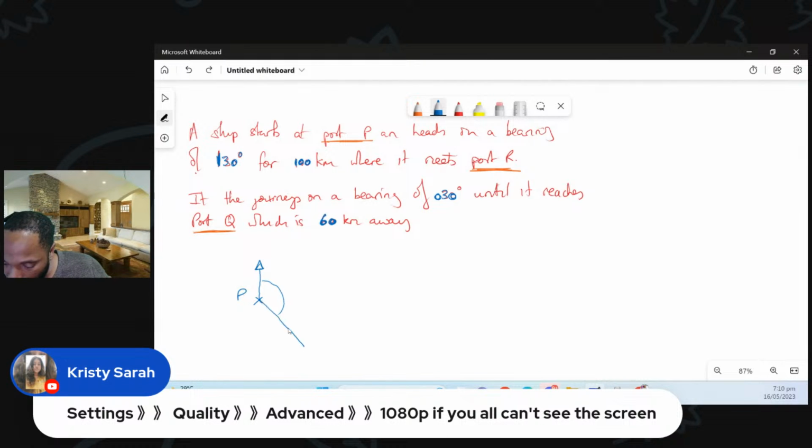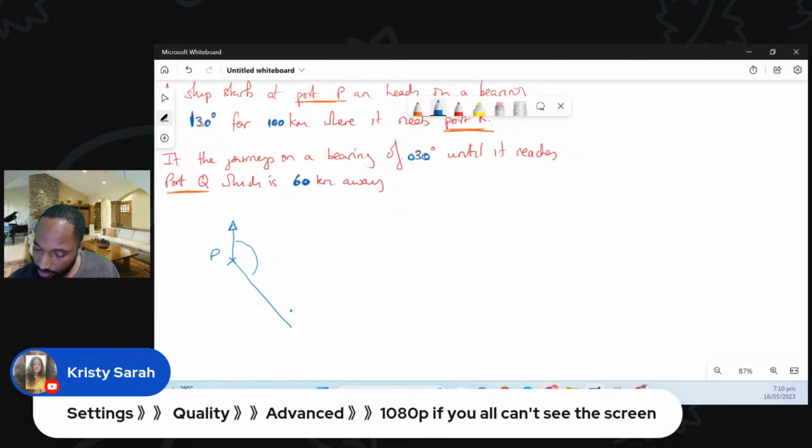That's 130 for 100 kilometers, until you make a little estimate there and meet port R. Then you want another bearing, so you start off with your north line again. North is important for bearings. It's 30 degrees, all bearings taken clockwise. So 30 degrees, and then we go up.